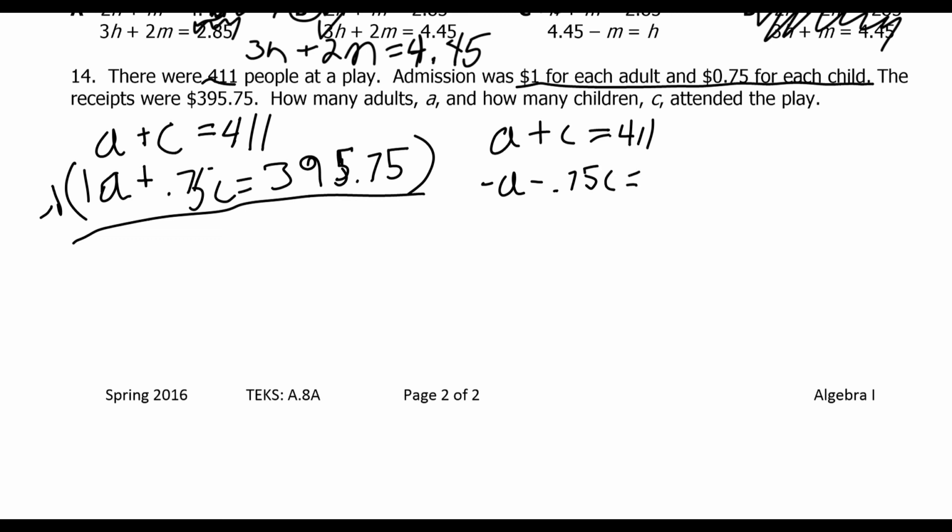Okay, we add our two rows. The adults are going to cancel, and we've got 0.25C equals, and then 411 minus 395.75 winds up giving us 15.25.